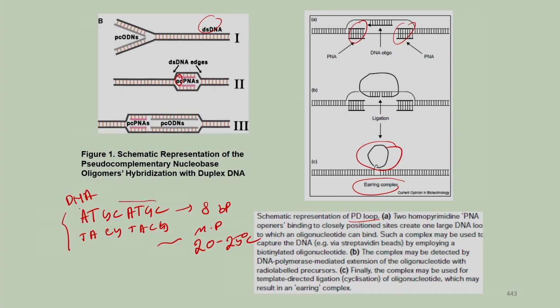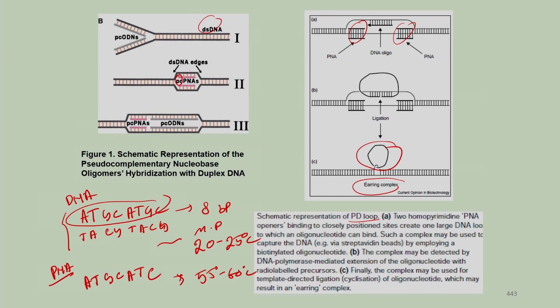Now, I am just writing this. If you have a PNA, let us say this is your DNA, this is your PNA, either of them ATGC. If this is a PNA strand, that will have a melting point close to 55 to 60 degrees Celsius.